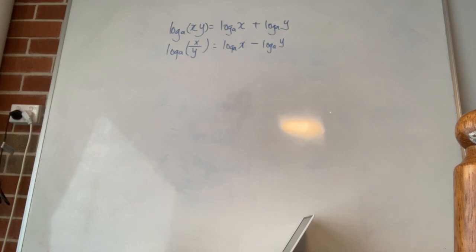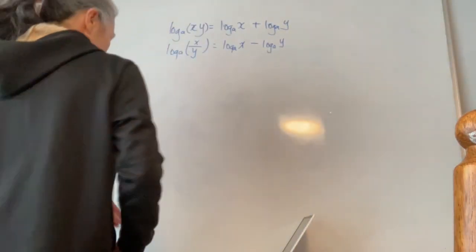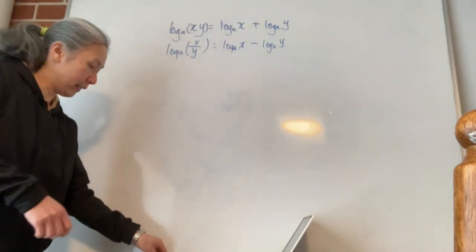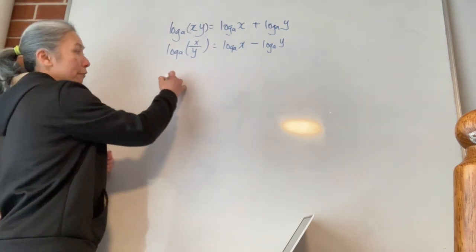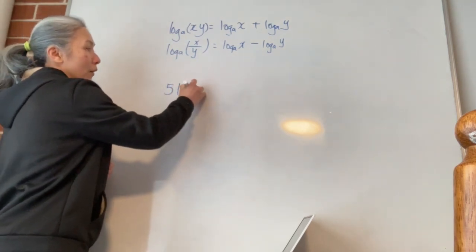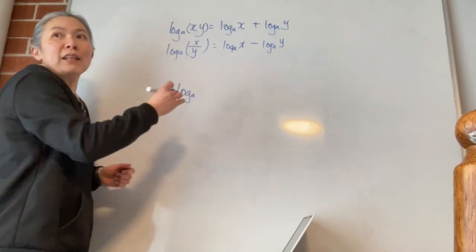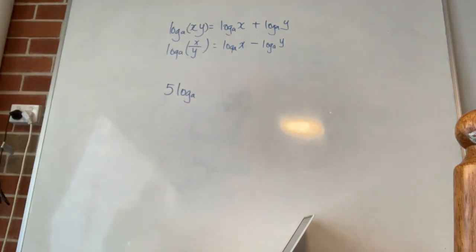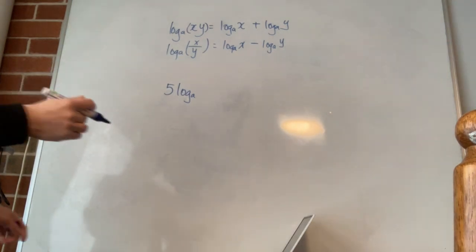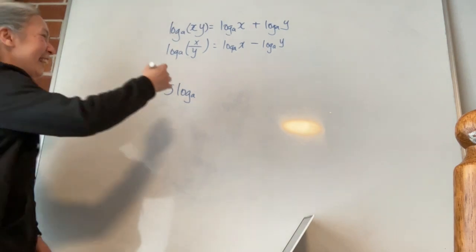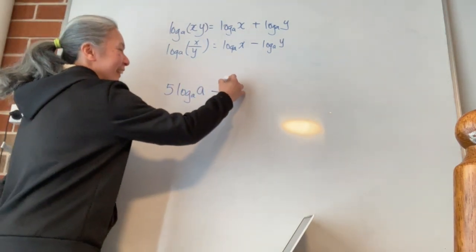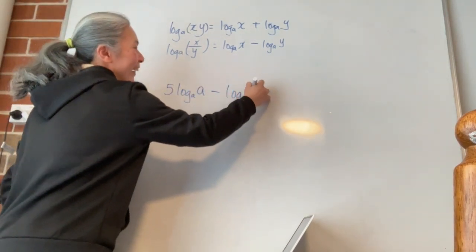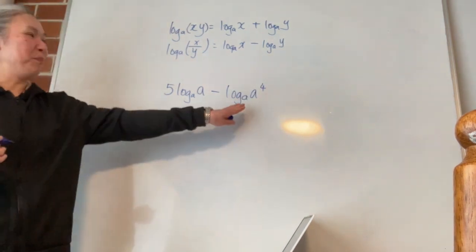Okay. And for question E, so you have 5 log. Sorry, I called you the wrong name. It's not Nikki, you're Cushy. Okay. Minus log base a of a to the power 4.